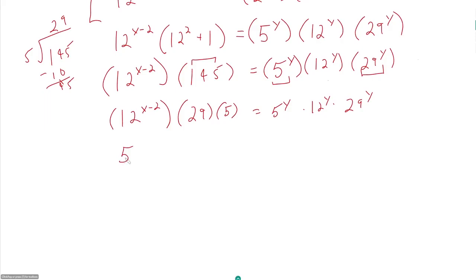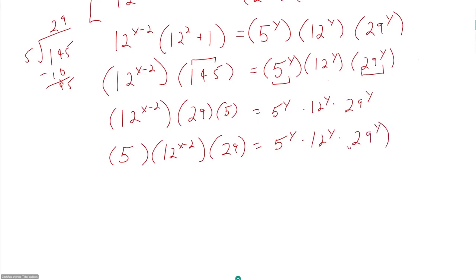This would be 5 times 12 raised to the x minus 2 times 29 is equal to 5 to the y times 12 to the y times 29 to the y. And now I have achieved my end goal. The two sides of my equation perfectly match up.